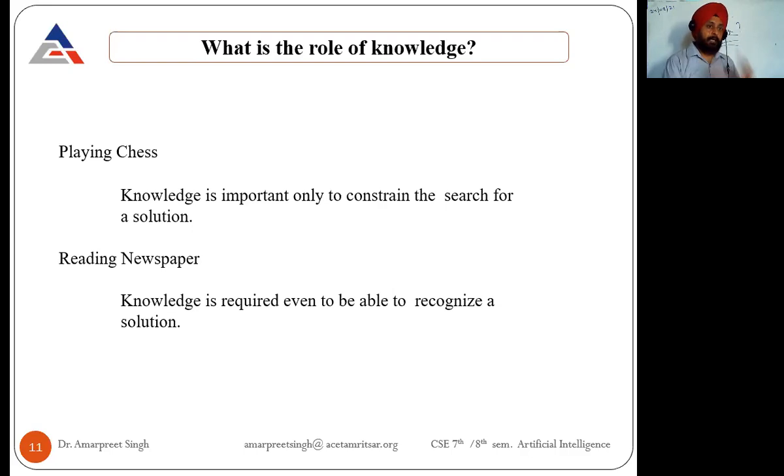But sometimes knowledge is not much required. For example, playing chess, knowledge is very important only to understand the search for a solution. But reading a newspaper, knowledge is required even to be able to recognize a solution. And the third example I have given, if you are talking about space problems, you need much knowledge.